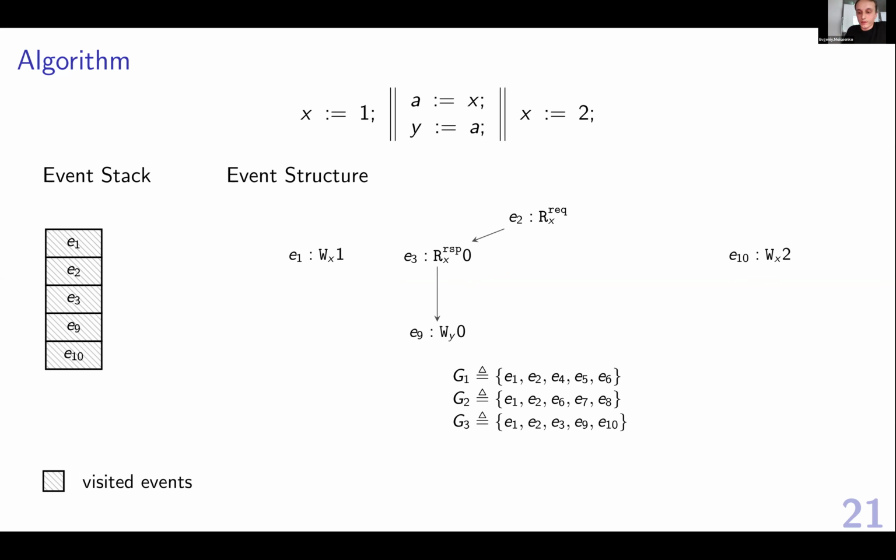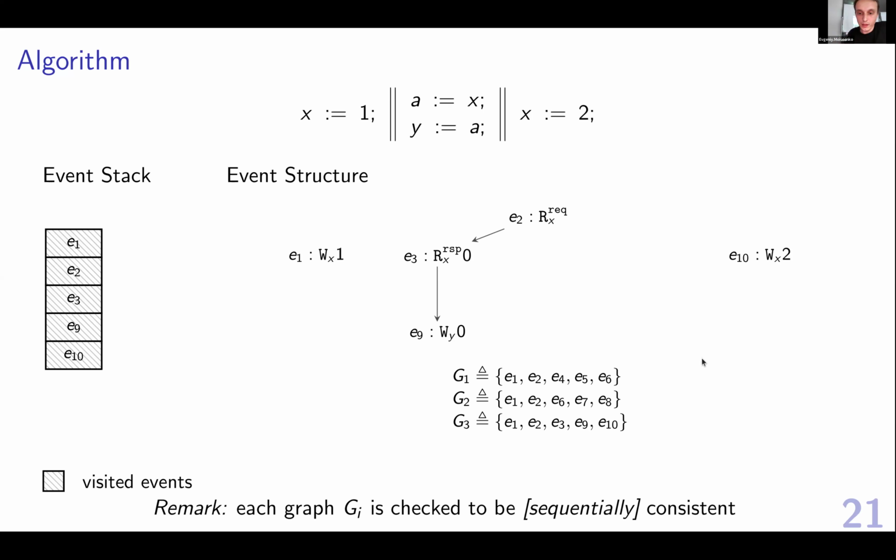So that's the basic idea of the algorithm. Another important remark is that here it doesn't matter, but in some cases when we add a read response option for our execution, we can read from an inconsistent place, in the sense that the resulting graph would not be sequentially consistent.